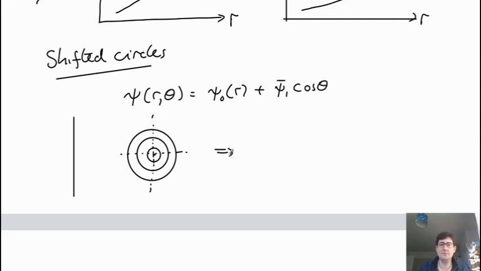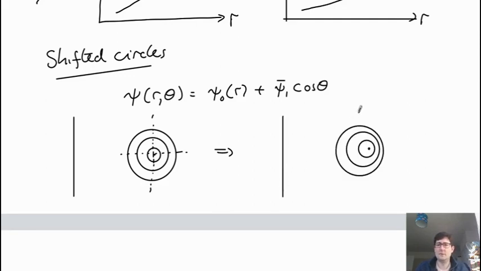What's happened is that this has been shifted, and now if you draw the middle of the plasma, so there's a geometric middle, which is here where it was before, and there's the magnetic axis, which is this point over here. So this point here is the magnetic axis.